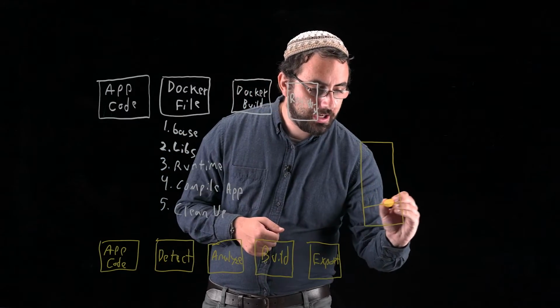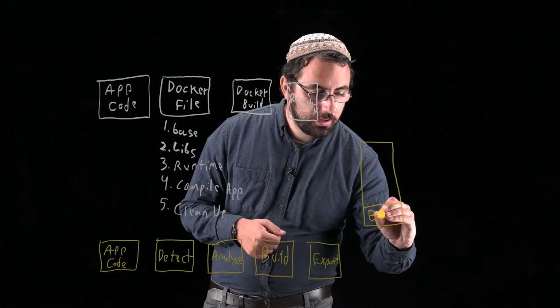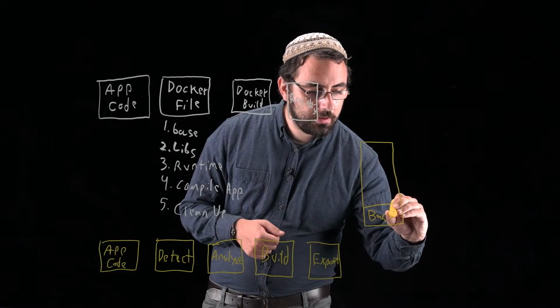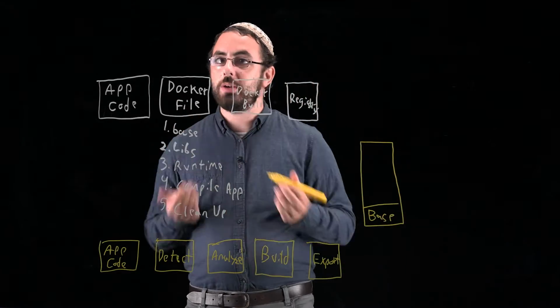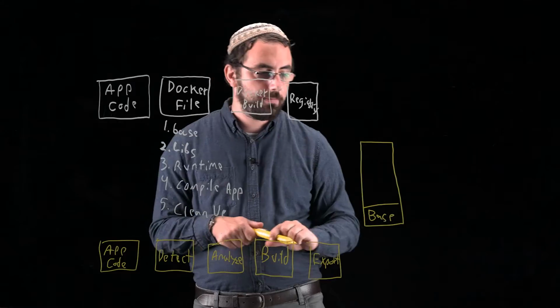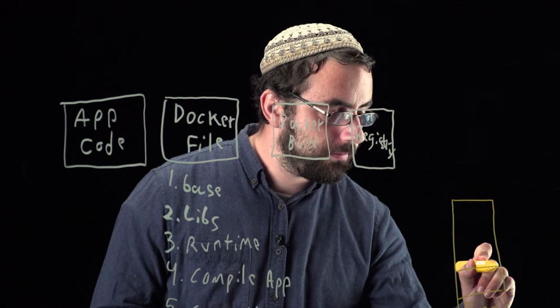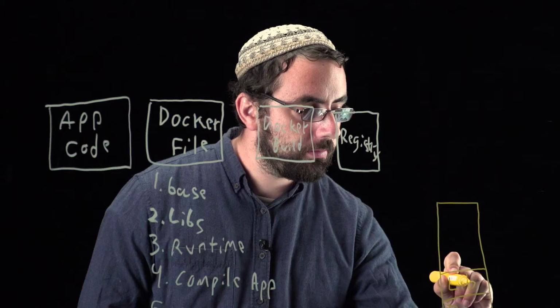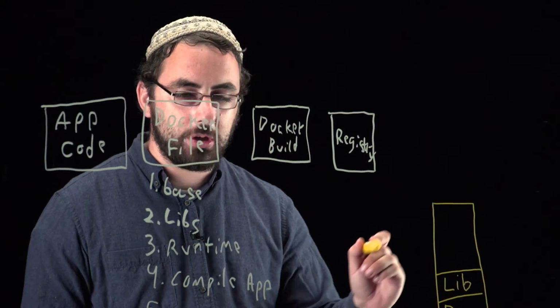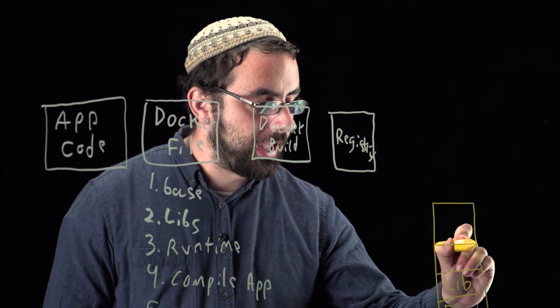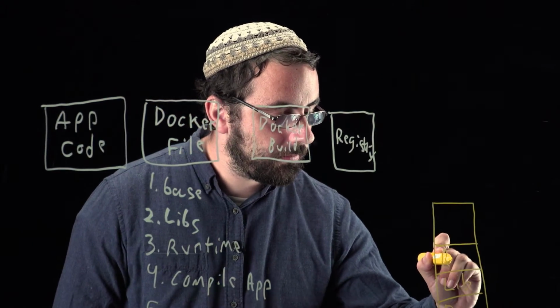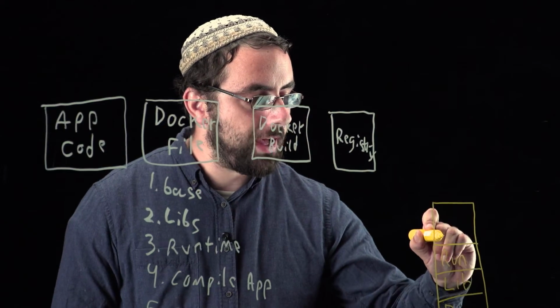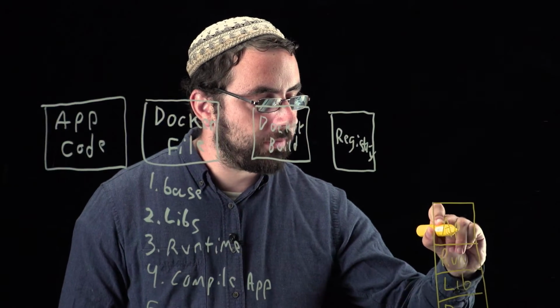So we're going to have our base layer. And this is where our base image goes, similar to our Docker file. Now, above that, we have our library layer, where all of our libraries are located. Above that, we're going to have our runtime. And above that, we're going to have our application.